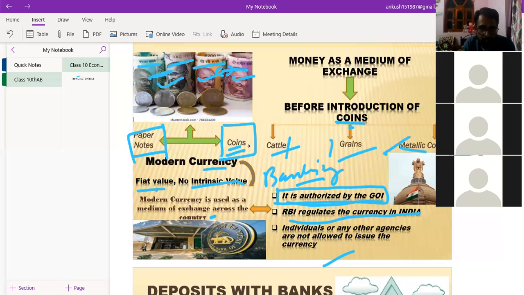Banks have other arrangements for metallic coins and other things made of metal, to be exchanged into money. But if you go with cattle and grain, will the bank accept it? No, nothing will be accepted. Why? Because that was happening before the invention of money, but nowadays we use modern currency, which includes paper notes and coins.